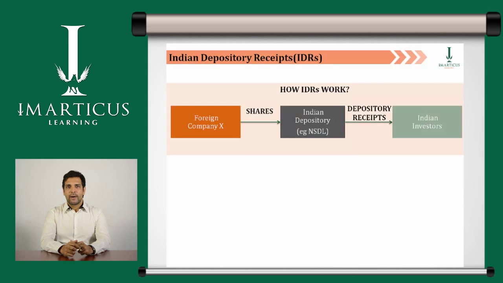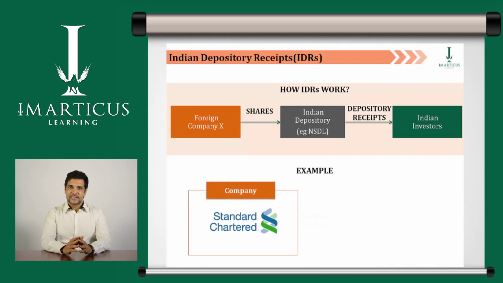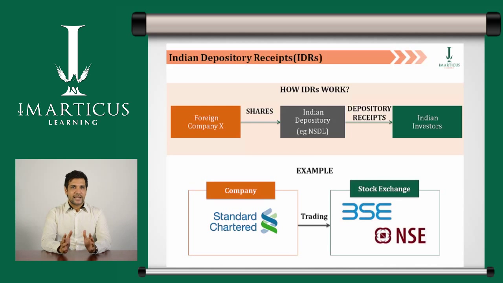NSDL will then buy shares of the company X, convert them into IDRs, which will be listed on an Indian exchange like NSE. The best example is that of Standard Chartered, whose IDRs are trading on both BSE and NSE.